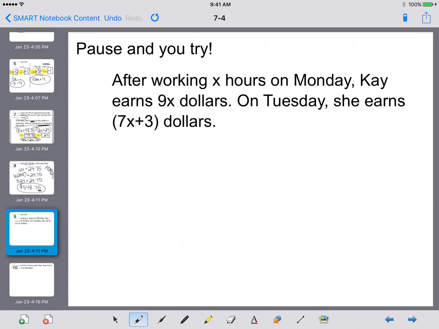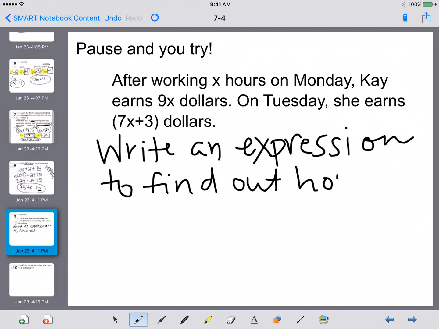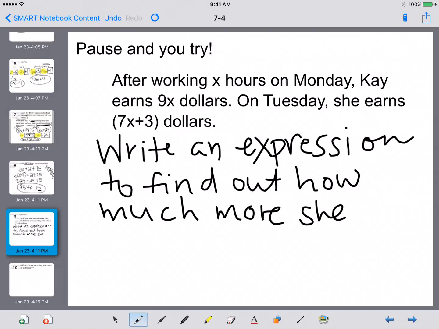So first we want to figure out, write an expression to find out how much more she made on Monday.